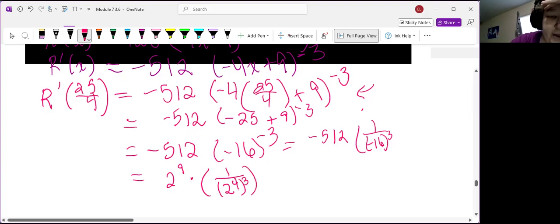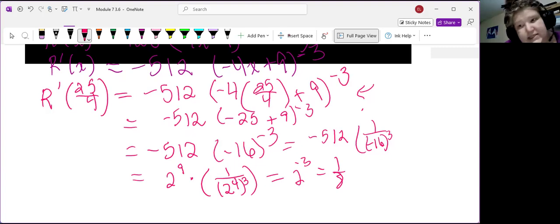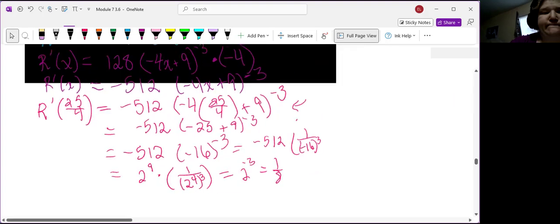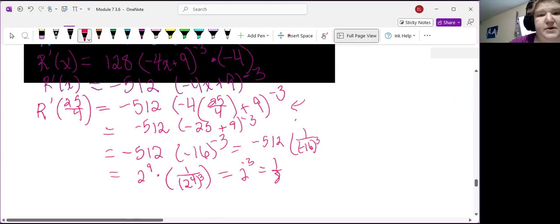So that is 2 to the 12th on the bottom, and 2 to the ninth divided by 2 to the 12th is 2 to the negative 3rd, which is 1/8. Just because you can do it by hand doesn't mean you should do it by hand. If I had a decent calculator, I'd have just typed it. But that 1/8, that is the slope of the tangent line.